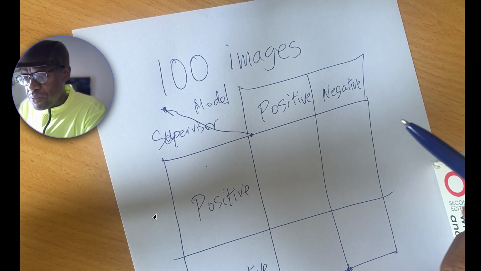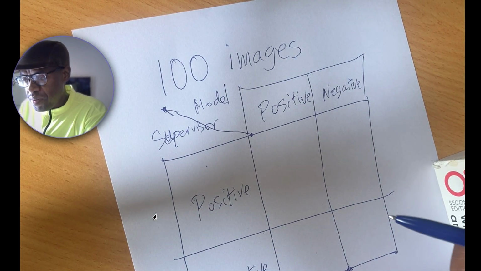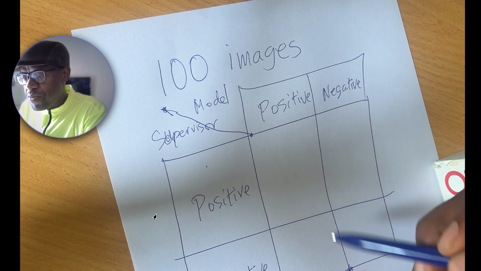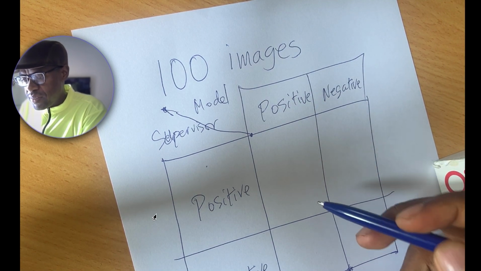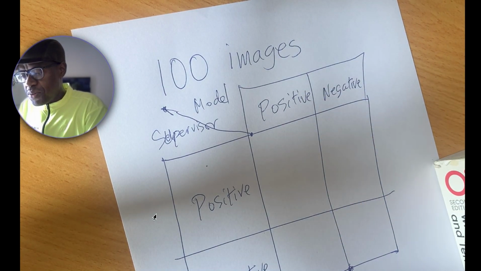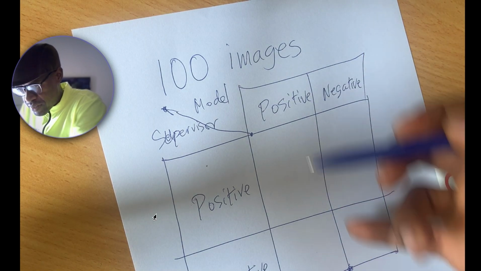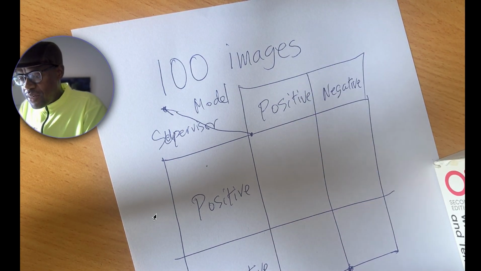According to the model, 60 images are visible. It means if we totalize here, we should get 60, because this is positive according to the model.